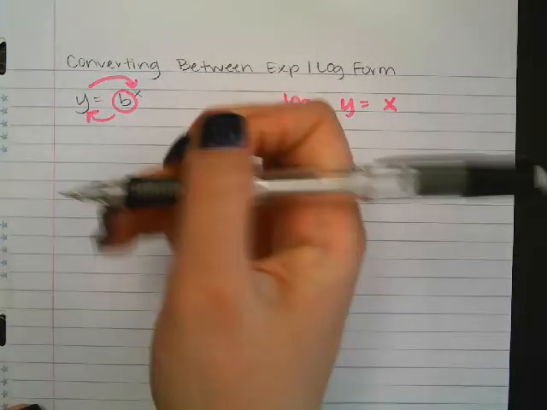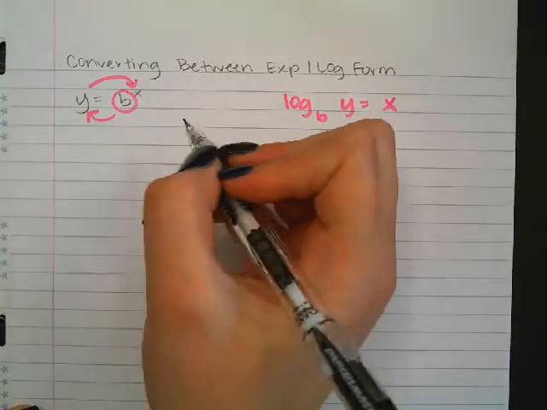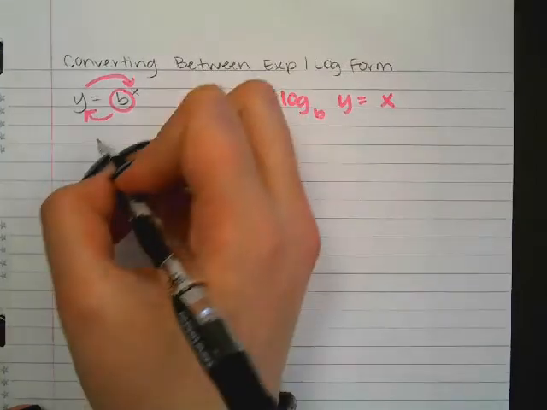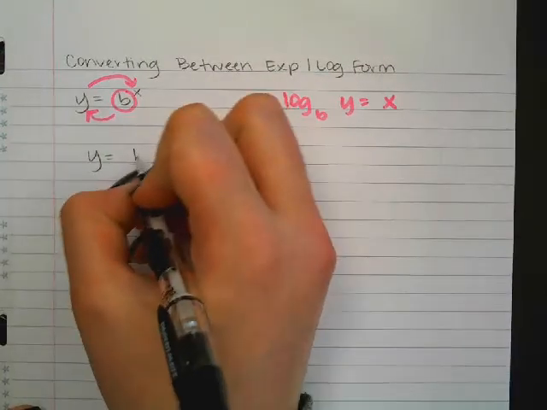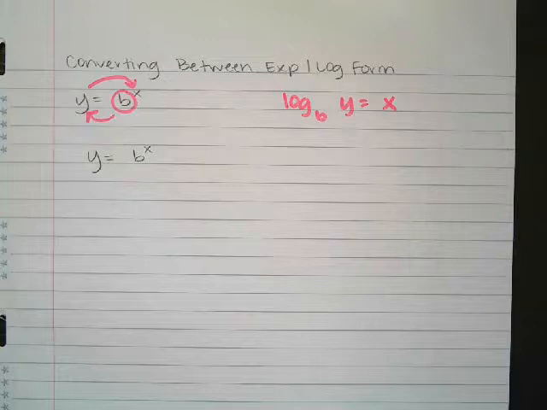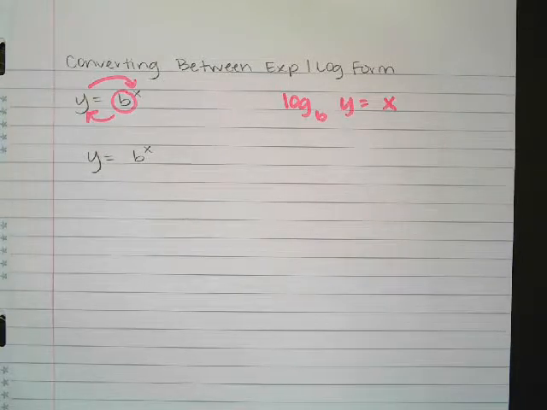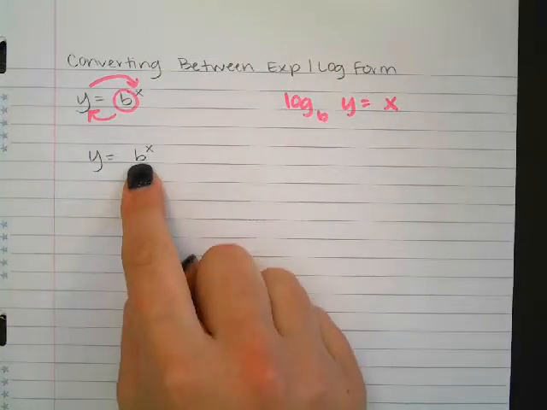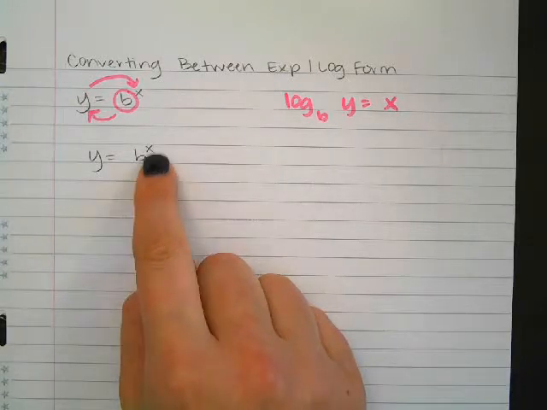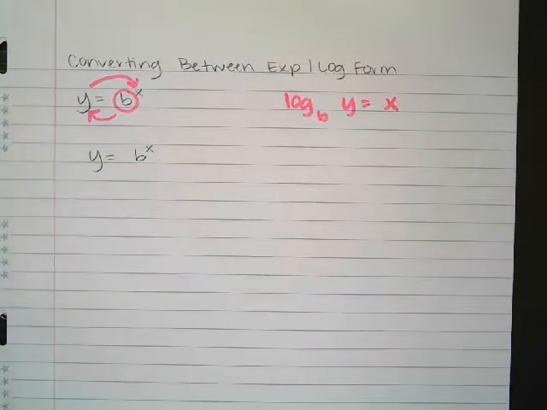The other way, and this is something I learned as a teacher, and to be honest, I like this better. So starting off with the same thing. The other way to do it is to think of the inverse operation. So we're learning that exponential functions and log functions are inverses of each other. So if I want to undo the base of this so I can get to the exponent, then I need to log each side. And for me to log each side, the base has to match the side that I'm logging.